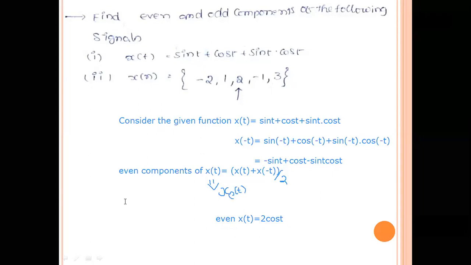Likewise, now you are going to get x odd of t. So how do you get it? x odd of t is equal to 1 by 2 multiplied by x of t minus x of minus t.